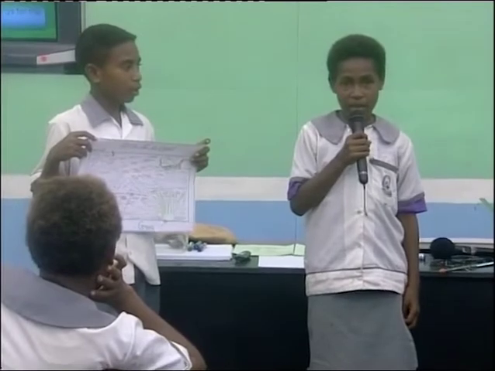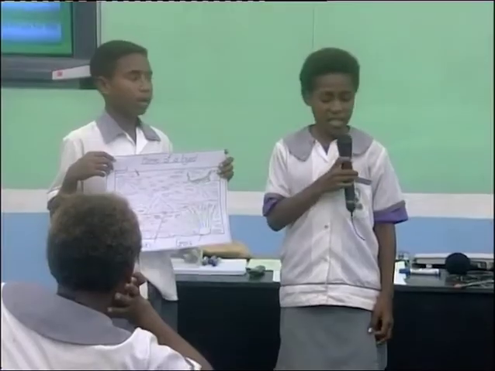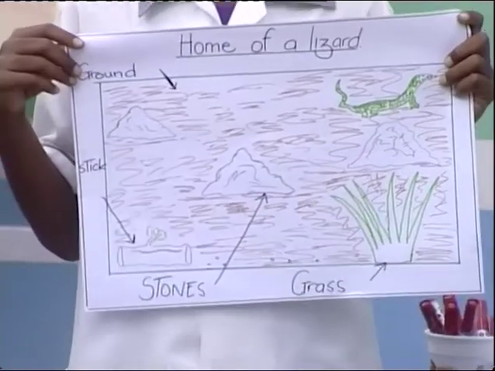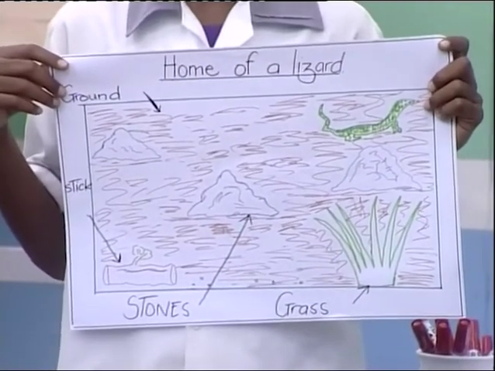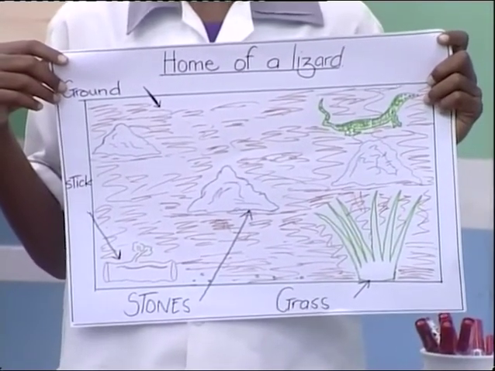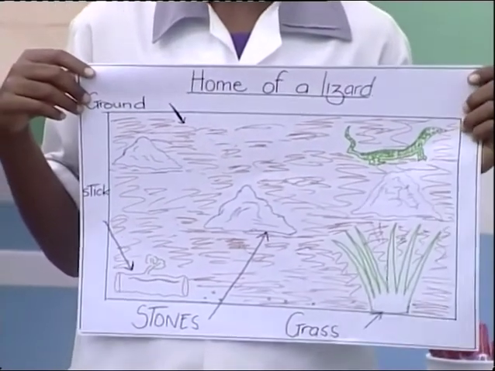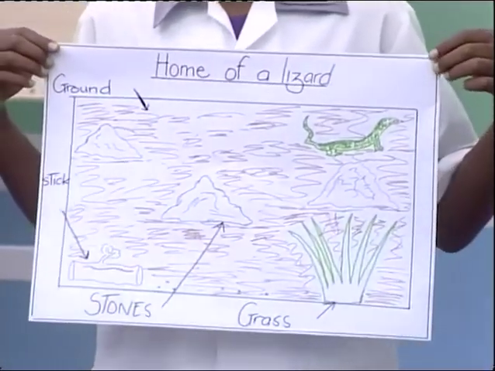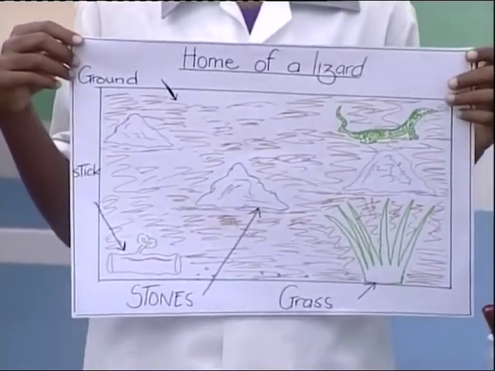We are planning on making a home for a lizard, and it likes to live in a place where there are stones, grass, and sticks. Anything else that you would like to tell us about the home of a lizard?